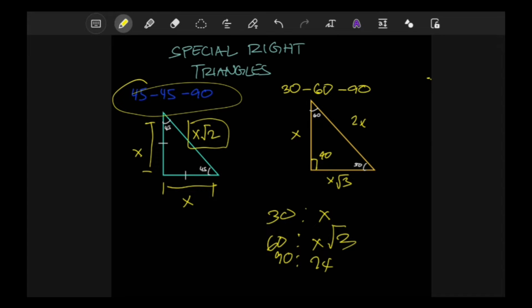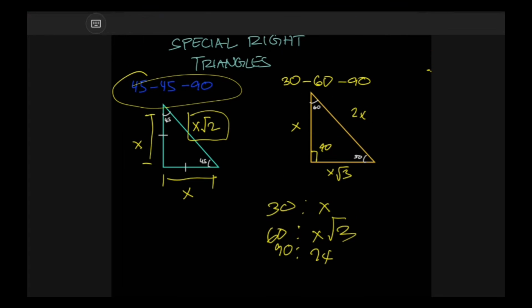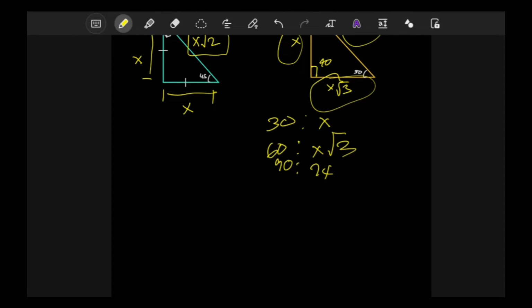So basically, to cut it short, the 30, 60, 90 theorem says that if your smaller side is x, then your hypotenuse is 2x, while the longer side is x times the square root of 3. Okay, so let us solve some problems.